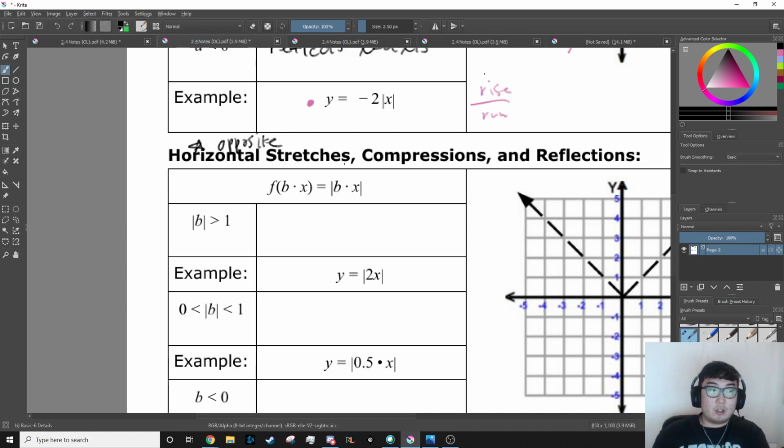One key thing that you need to know on the test is that the b, the scale factor, is inside the absolute value, like in the absolute value equation.